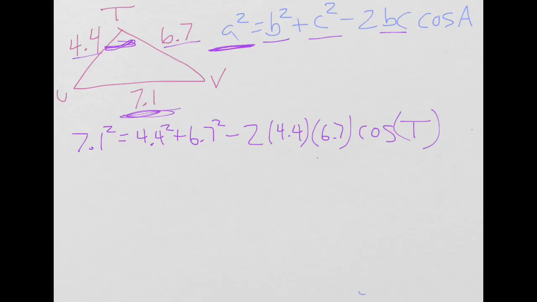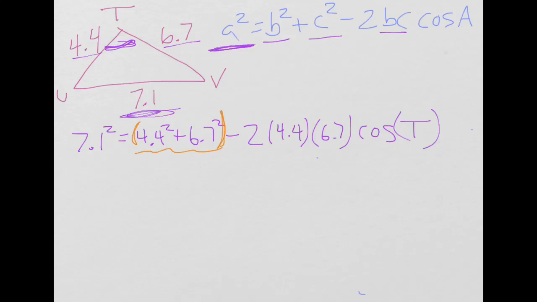But before we can do that, I need to manipulate this equation so that it says cosine of t equals blah blah blah. So to do that, notice that we have two pieces essentially to the right side of this equation. We've got this 4.4 squared plus this 6.7 squared. Think of that as one quantity, one term.